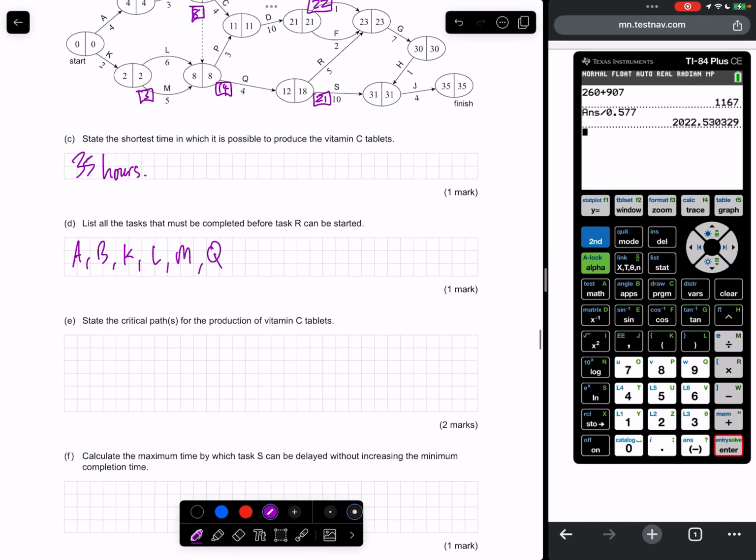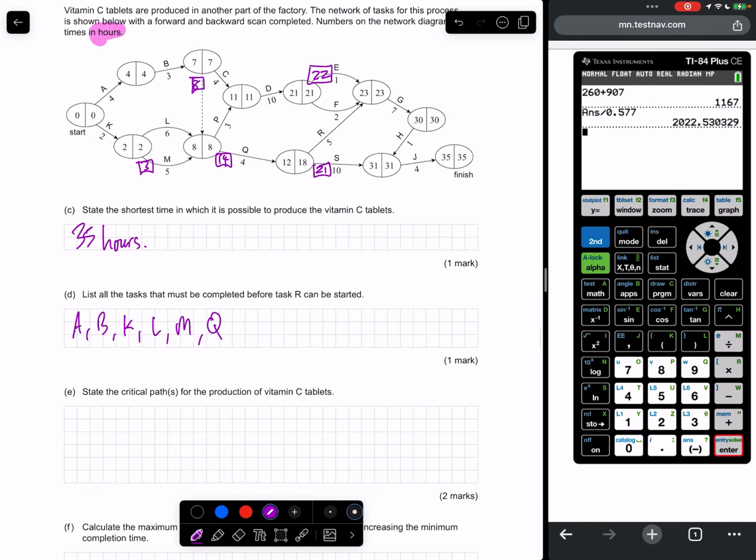State the critical path or paths for the production of vitamin C tablets. We have no slack time here, and also no slack time through there too.